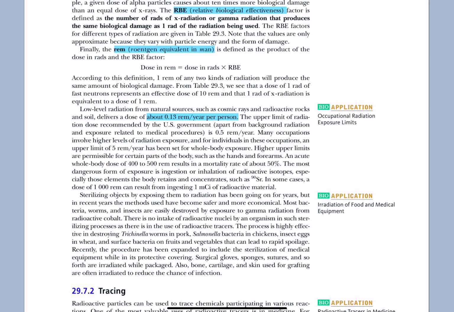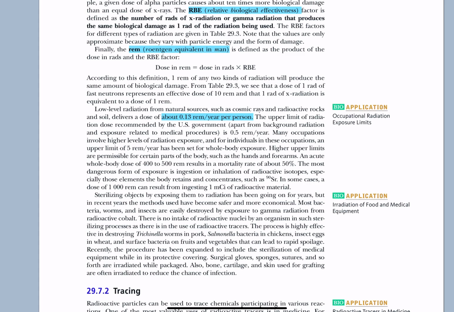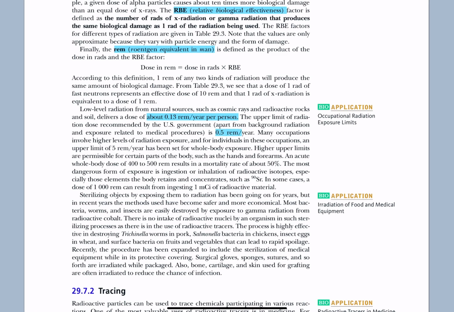So right now, your background radiation is probably closer to about 300 or so millirems, or 0.367 or so rems of radiation per year per person. We could round that up to 0.5 rems per year.